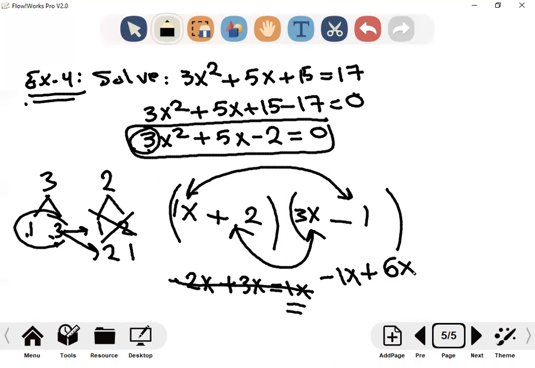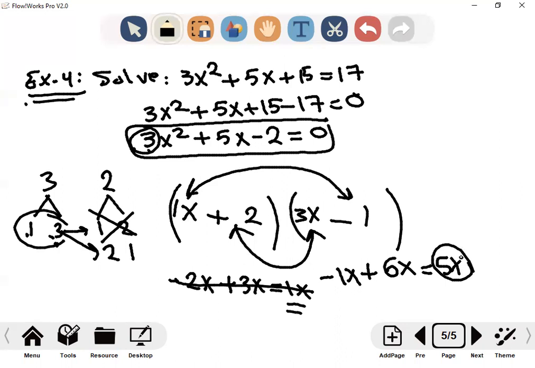The farthest together, the nearest together. 1x times negative 1, negative 1x plus 2 times 3, 6x equal what? Negative 1 plus 6. It came out as the middle term, right?